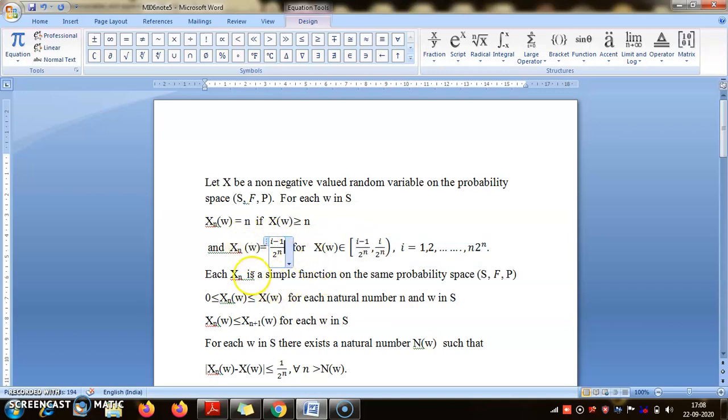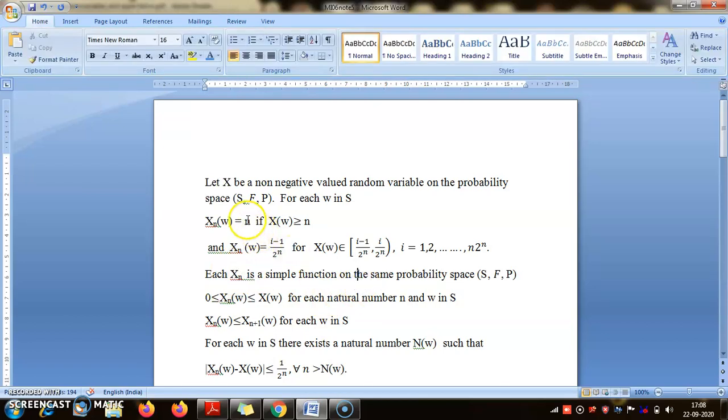So now you see what we have created. For any natural number n, Xn thus created will take what values? It can be either n or any one of these numbers. That is, if X(ω) is in the first interval, that is between 0 and 1 by 2 to the power n, then Xn(ω) will be 0.